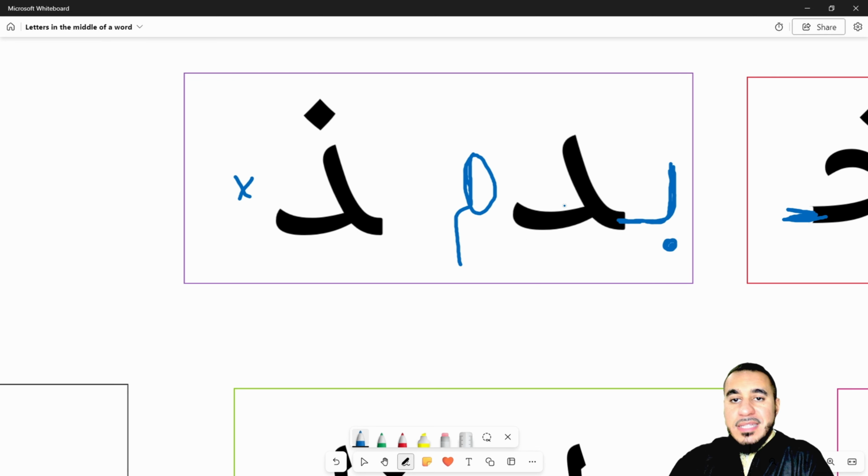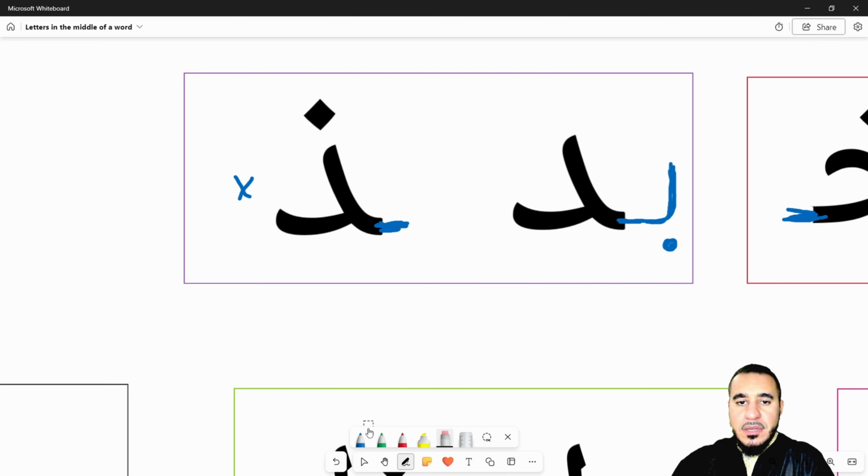Okay, the dal attaches to the letter before it in a word, but it does not attach to the letter after it in a word. Okay, Jameel. So again, the same for the dhal. It would attach to the letter before it, but not to the letter after it.